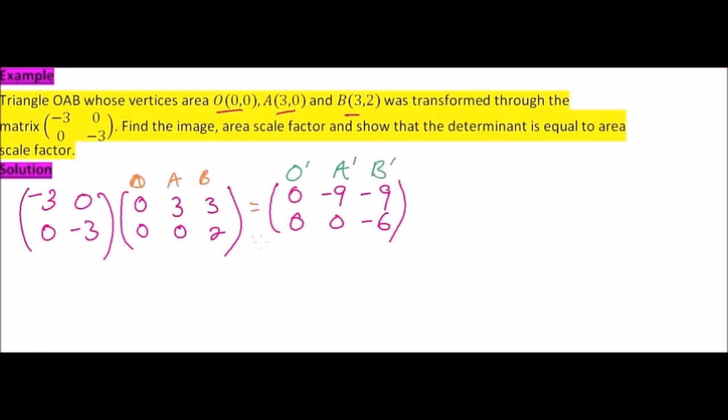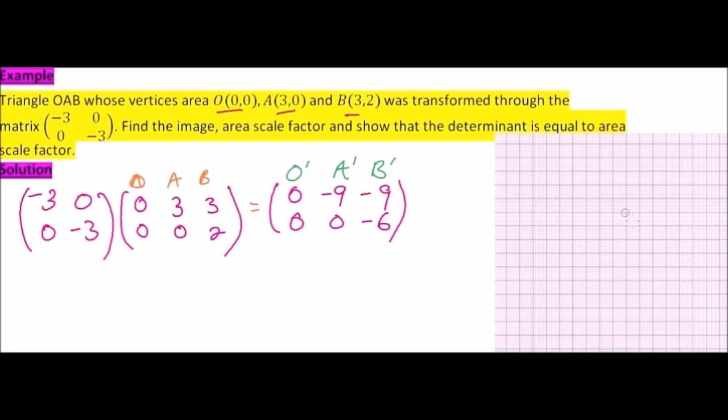So we go ahead and we plot our figures on a Cartesian plane. So here we have the Cartesian, our graph, our grid. We are going to plot. So we start by preparing our Cartesian plane. So we have the x-axis up to number 6, followed by y-axis, and then up to 4.